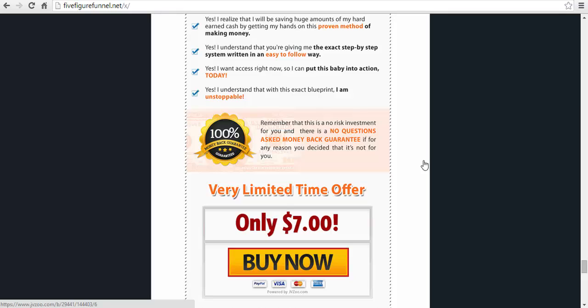It's a bit of a relief, an extra reassurance, as I've said before, that gentle shove that don't worry about it, guys. If you don't like it, you're getting your money back, no questions asked. So there's no risk. So it's not a coincidence how I've put that guarantee directly above the buy button.